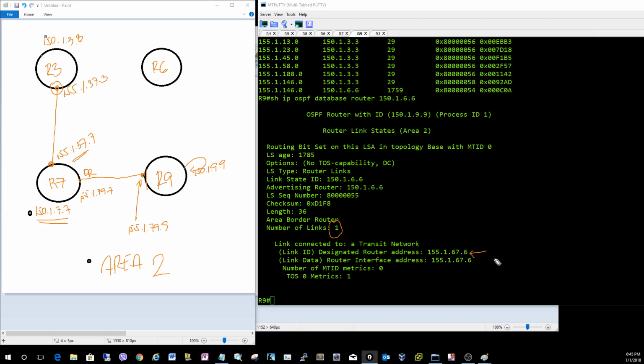That's how you know if you are the DR on that link: if the designated router address matches the router interface address, which means this node right here, for that certain link, that's the DR.